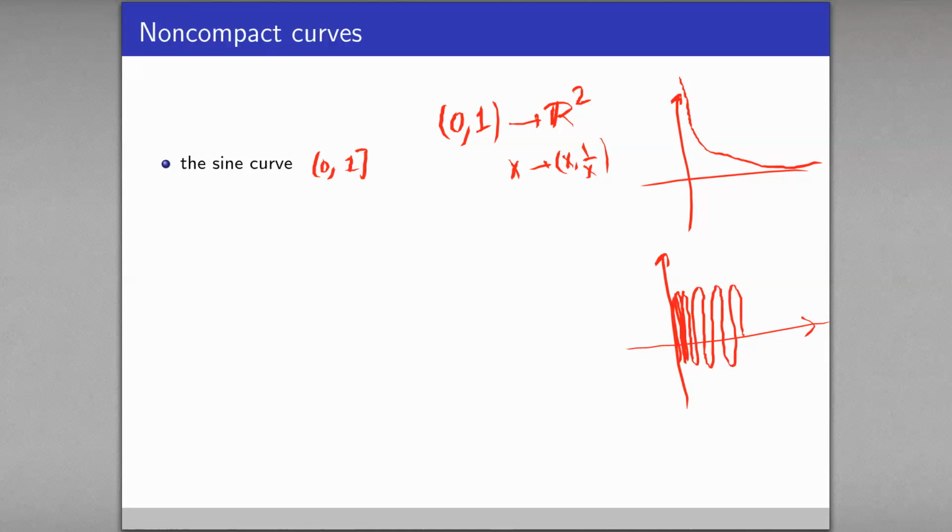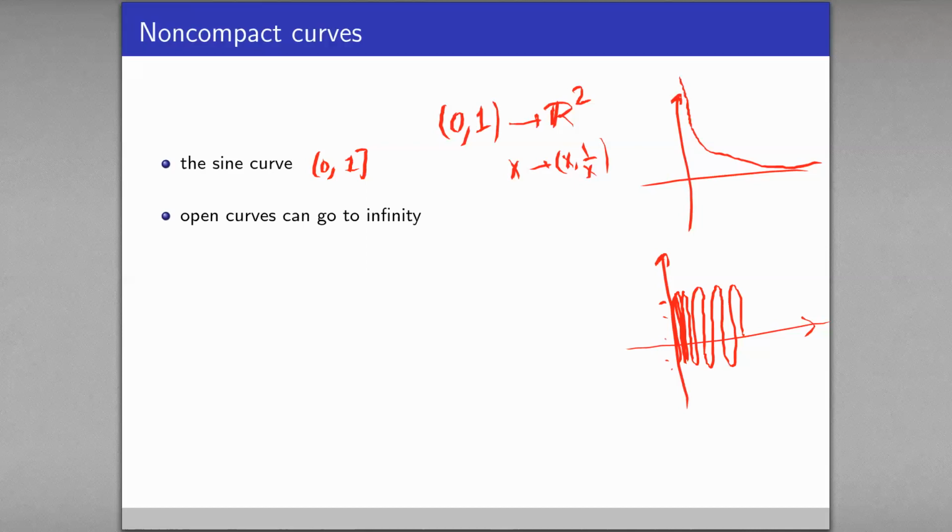If you insisted on including 0, then you would have to assign a value at 0, and because you want it continuous, it's ambiguous where to put it. So it's not possible to do a continuous sine curve. These are possibilities that are allowed by going non-compact, and curves going to infinity are there.